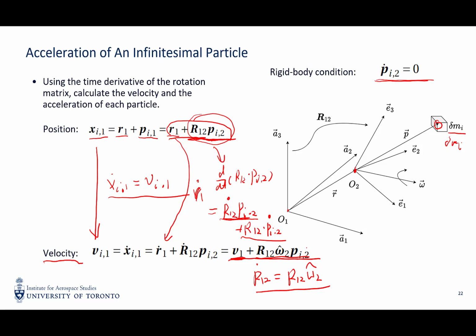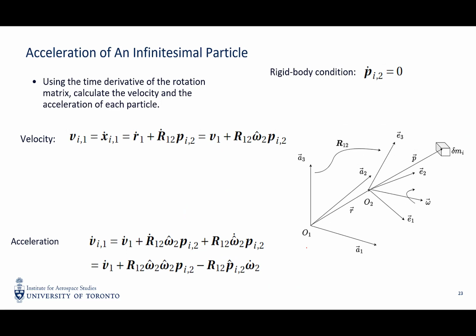Good? Okay. Then what about acceleration? In order to apply Newton's second law, we need an acceleration. So what we do here is take the time derivative of velocity again, and it should give us the inertial acceleration where we can apply Newton's second law. So the left-hand side is just v dot i1, and on the right-hand side, v1 gives us v1 dot, which is the inertial acceleration of the body fixed frame.